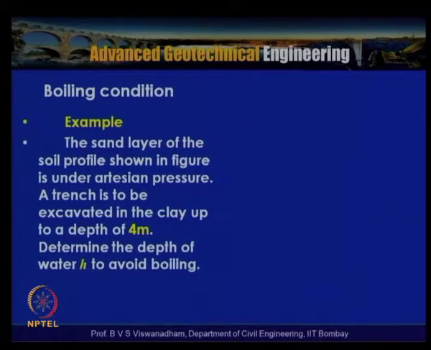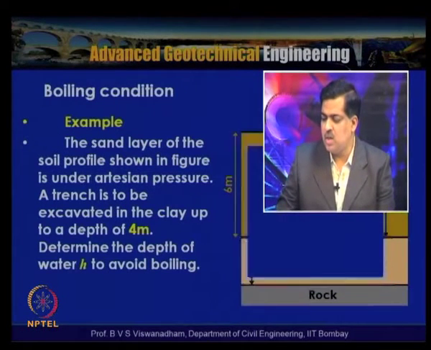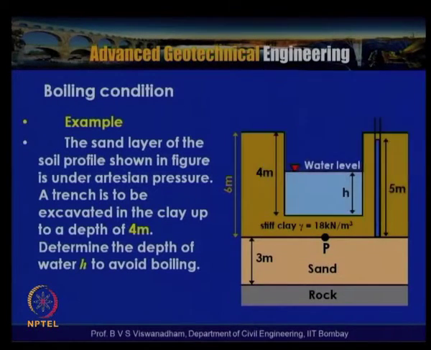Okay, based on the discussion we have made, let us consider this example on the boiling condition. In this problem, the sand layer of the soil profile shown in the figure is under artesian conditions. That means we have a stiff clay layer here, a sand layer, and a rock strata here.